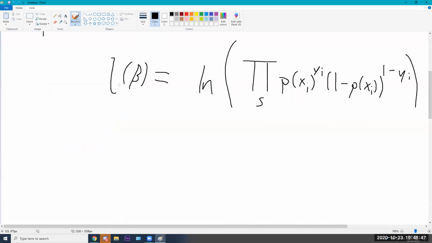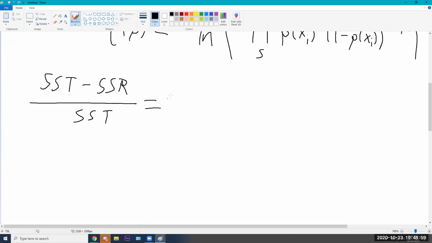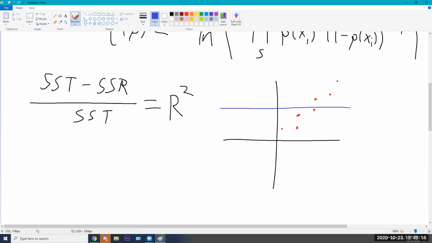So if you remember from our linear regression lesson, we had SST minus SSR over SST as our R-squared, right? Where for our given data points that I'm just gonna draw here, the SST is where you have this mean line.